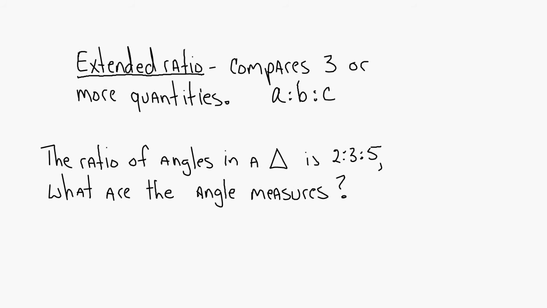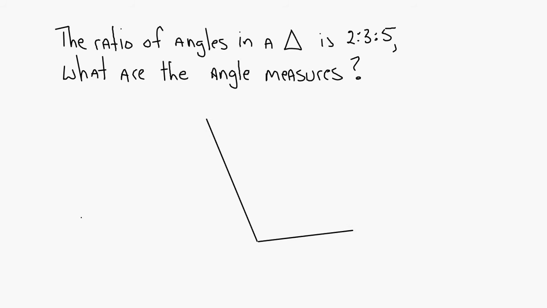That extended ratio means, here's a picture of what this means. You've got a triangle, and one of the angles is 2 times a multiplier. Another angle is 3 times a multiplier, and the third angle is 5 times a multiplier. That's the extended ratio, 2 to 3 to 5.